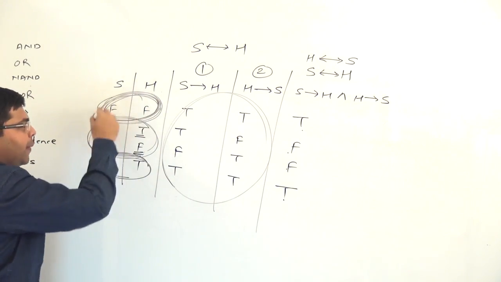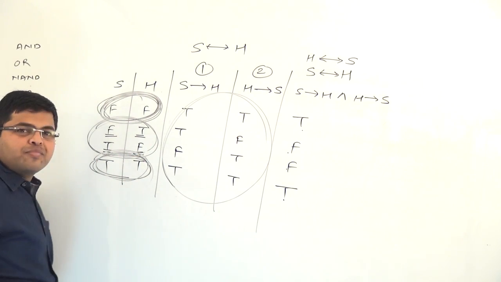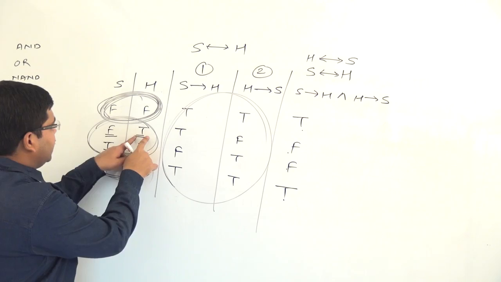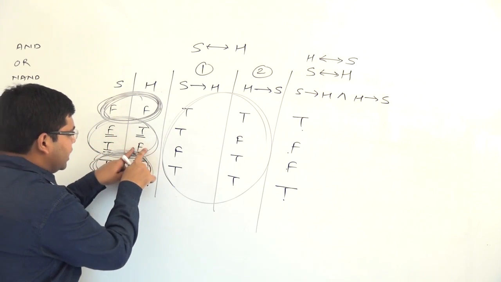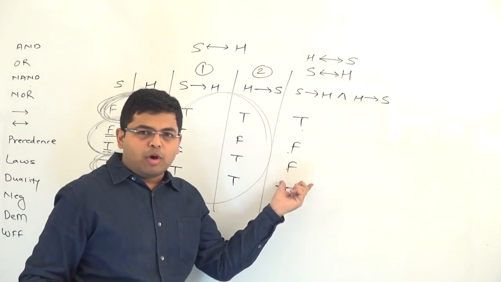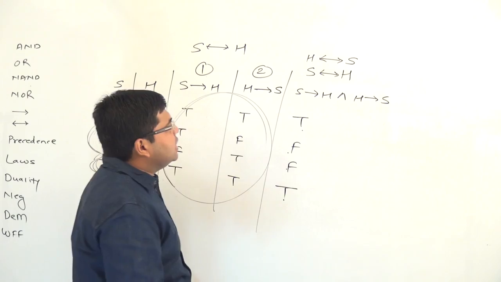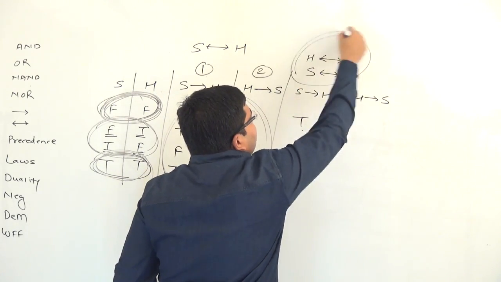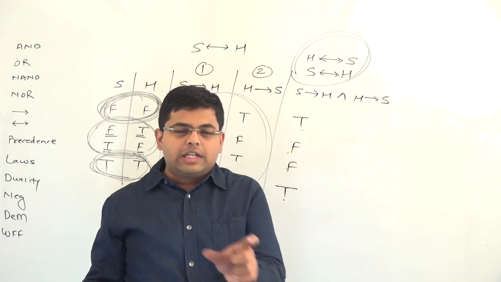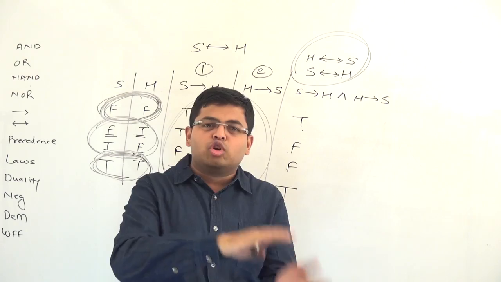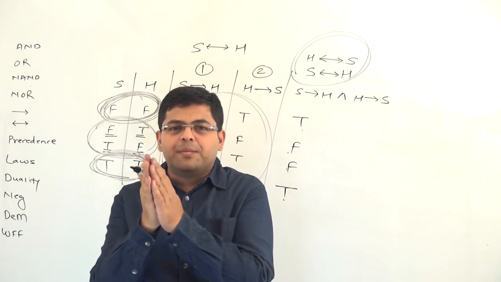Either both should be absent or both should be present. One of them present, other absent, will not be possible. What does that mean? The result of biconditional will be true when both the sides are the same. And when I say both the sides are the same, both should be true or both of them should be false.